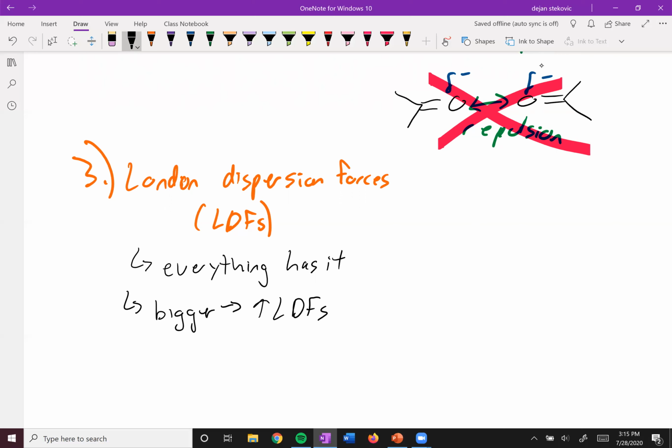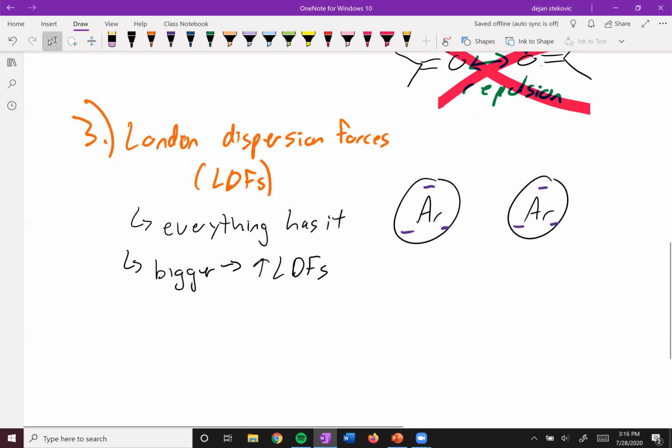And so what happens here, we can show this with these two molecules of argon. So we have argon, and of course, there are electrons all around them. And so normally they're just flying about. Most of the time, they're about evenly dispersed. But at any one moment, these electrons could randomly, by chance, all move to one side of one of the atoms. So let's show that there.